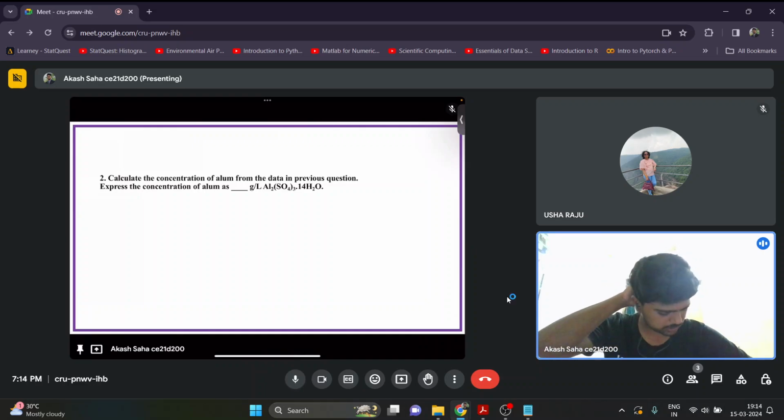So moving into this on similar lines. Based on our previous question, whatever answer we got, now we have to find out as gram per liter of the hydrated alum.